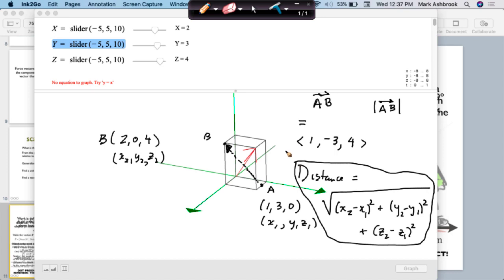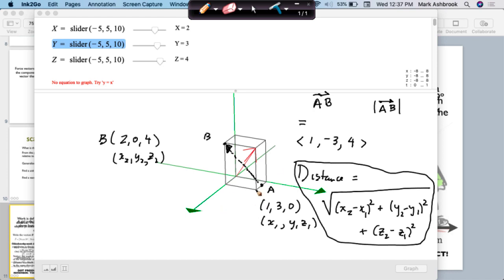So if I wanted to find, say, all points from this point.